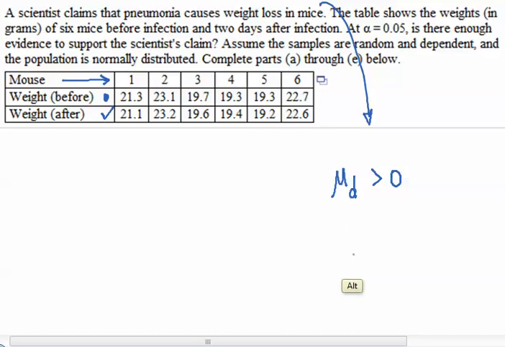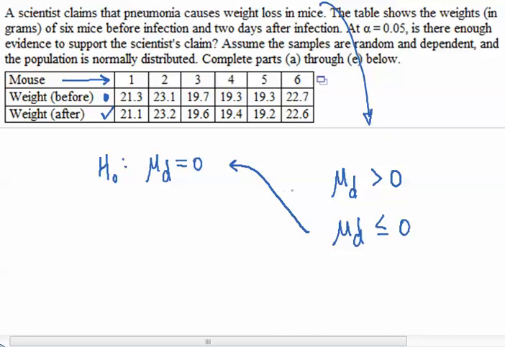So the inverse of that is that you have less than or equal to 0 weight loss, average difference, which makes this one right here the null statement, where it carries the equality, and this one right here the alternative statement. Did I just say alternative on the last one? I don't even know. Good thing you're the only one watching this.